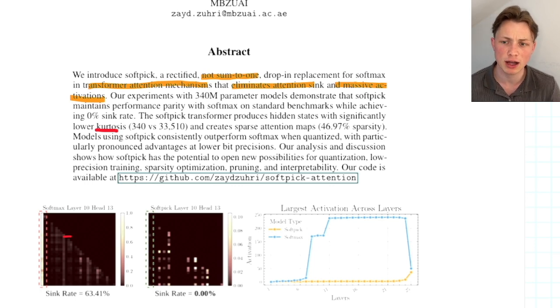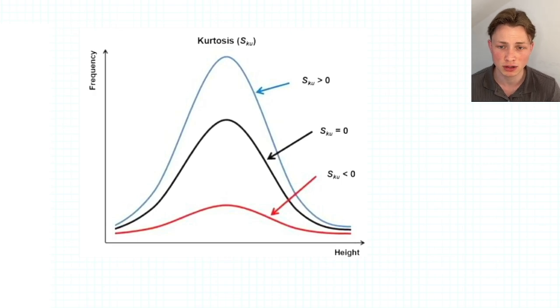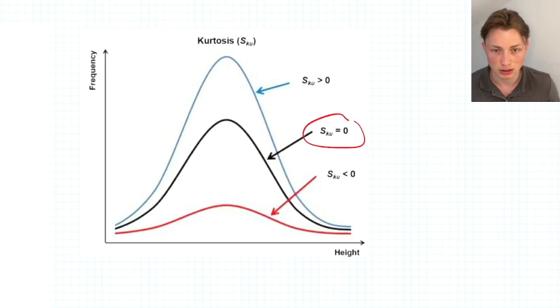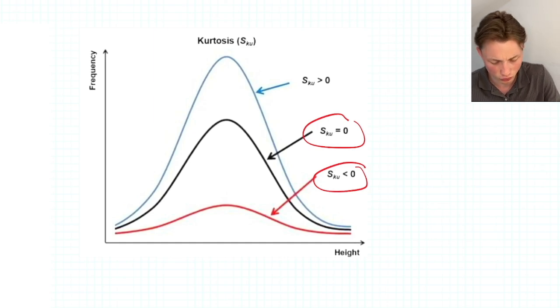So if we have a very high kurtosis, this means that we have a sharp peak and very heavy tails. We can see it in this picture. The blue curve has a higher kurtosis, and this one, for example, has lower, and this one even lower kurtosis. A normal distribution has a kurtosis of 3.